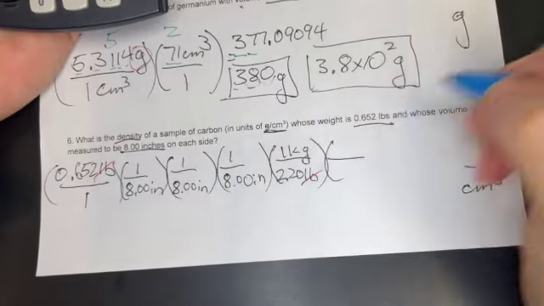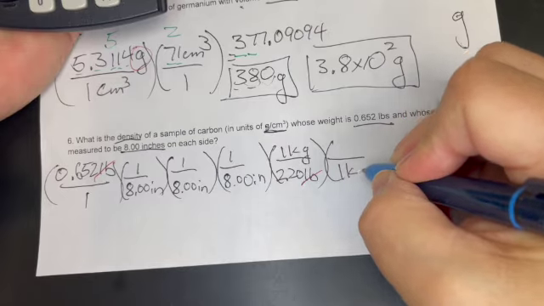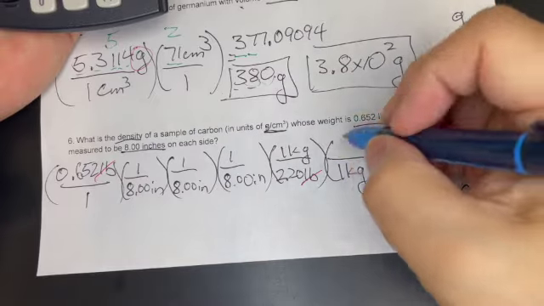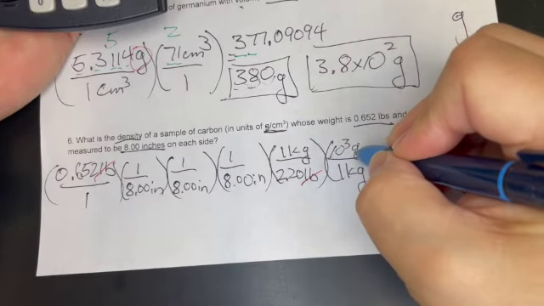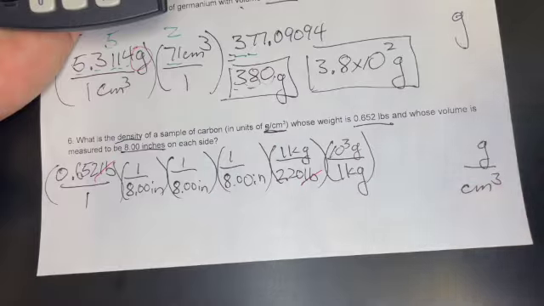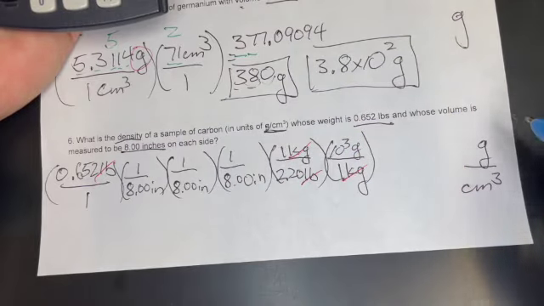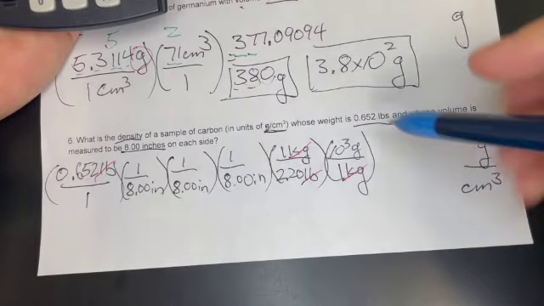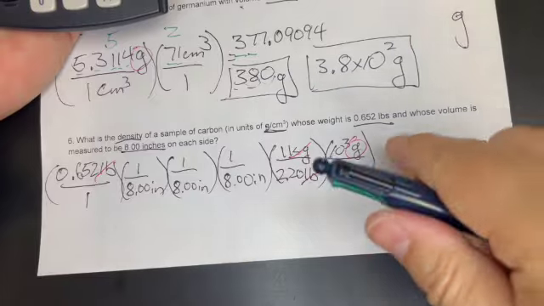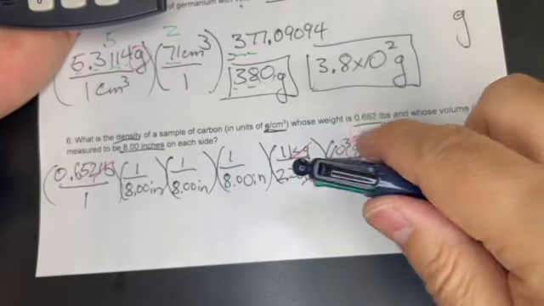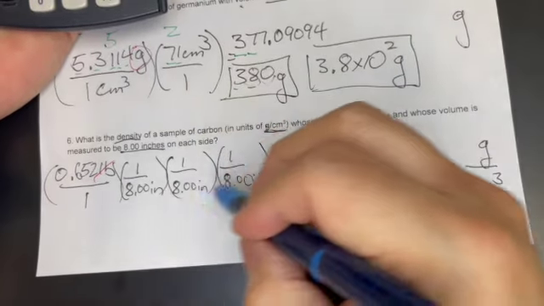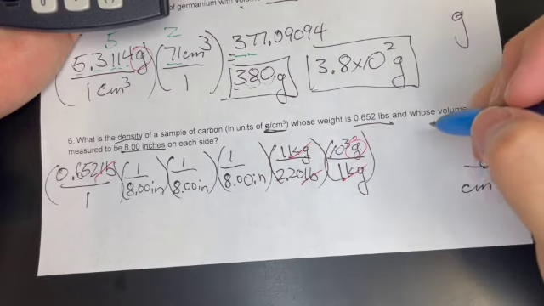For every 1 kilogram, it is 10 to the 3rd grams. Kilograms cancel. And then we have these inches that we've got to get rid of. The grams are good, because that's what we're looking for. So we're going to convert each of these inches into centimeters.